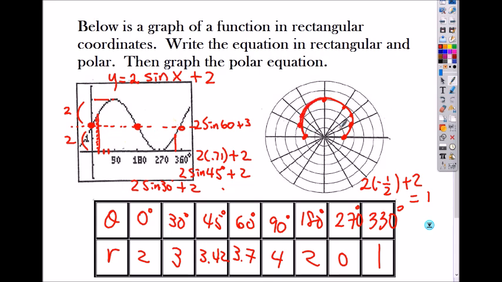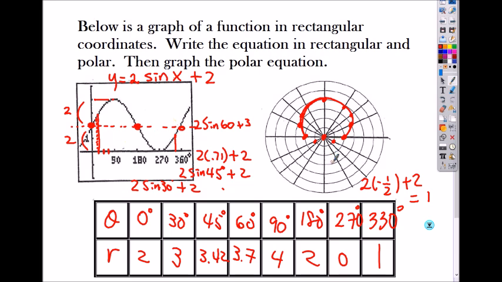What about third and fourth quadrant? What do you have at 270? 0. 330, you have it at 1. That means here you will also have it at 1. If you plug a little more values, like let's do 300. At 300, it will be close to what? 2, right? No, it can't be close to 2.